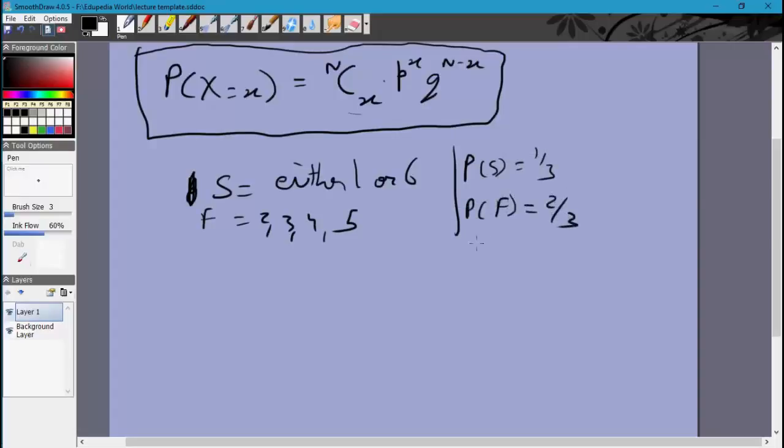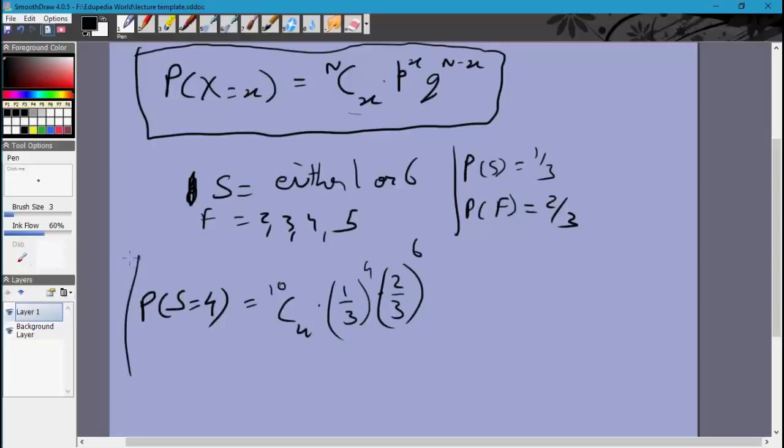It is 2 by 3. And let's say you take 10 dice and roll them at the same time. The probability that the success will be 4 out of 10, that means the probability that out of 10 throws, we'll have 4 events where you have either 1 or 6 as the value, will simply be 10C4 into (1 by 3) to the power 4 into (2 by 3) to the power 10 minus 4, which is 6.